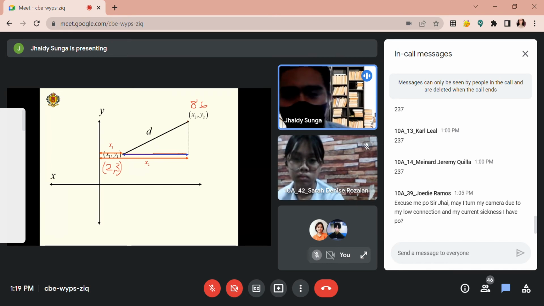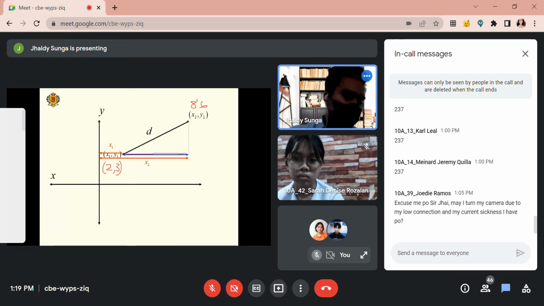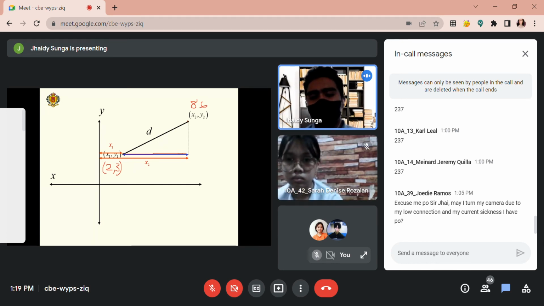May I ask whether you can open the camera? I'm not really forcing, but I request everyone to open the camera. Enzo, Gabriel, Kevin, Minard, Karen.